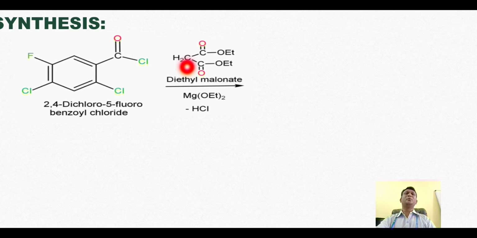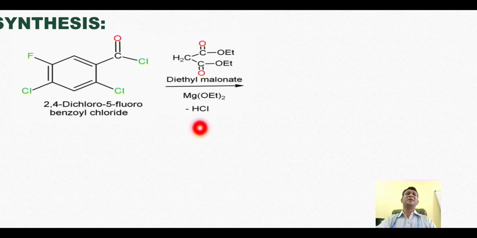That means it will become nucleophilic in nature. So this nucleophile attacks this carbonyl carbon to bring the nucleophilic acyl substitution reaction by release of a HCl molecule. One hydrogen from alpha carbon and this Cl removed out as HCl.